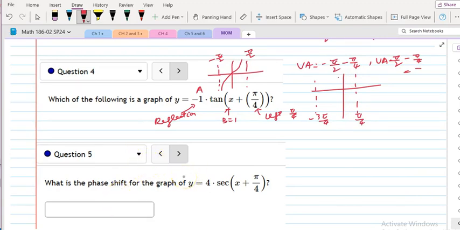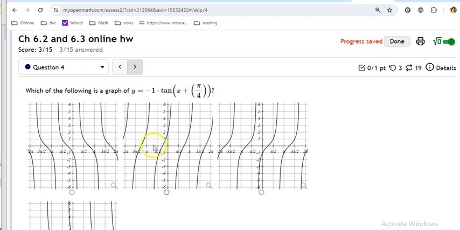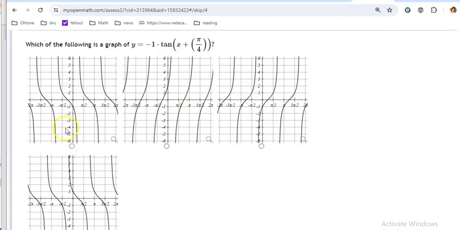Then the graph flips over, so it goes down between negative 3 pi over 4 and pi over 4. It would be either this one, which goes up, or this one. Let's look at the asymptote. This asymptote seems to be negative pi over 4. This is not right. So I think it's this one.